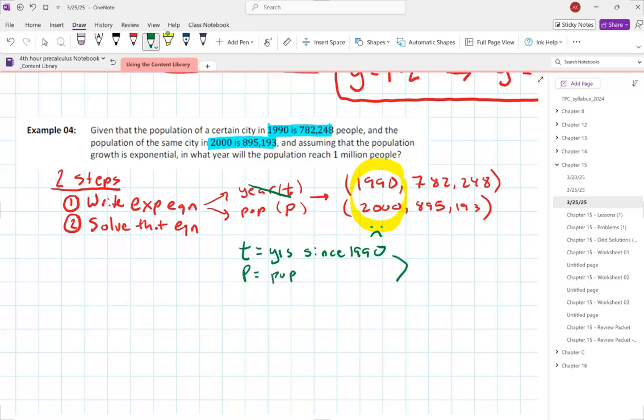If I do that, then I'd have 0, 782,248, and then 10, 895,193. Is everybody cool with the trick that I just pulled there?